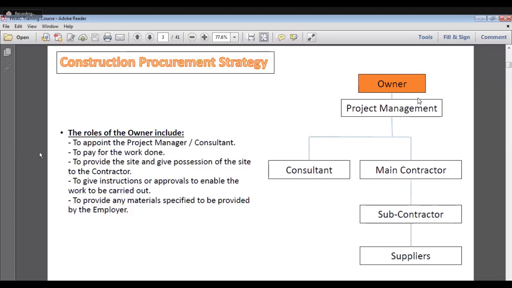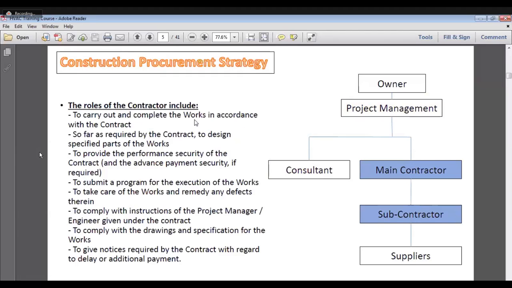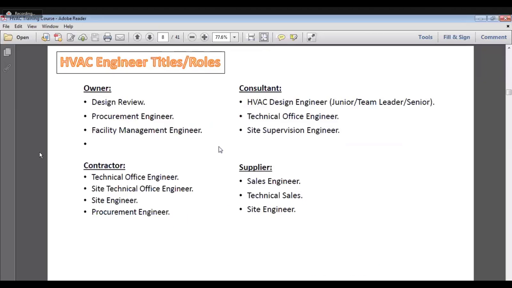We talked about the role of the owner, the role of the project management, the role of the consultant, the main contractor, and everyone like this. And we came to the conclusion that the consultant is the one that provides the design, and the contractor is the one that implements the design, right?